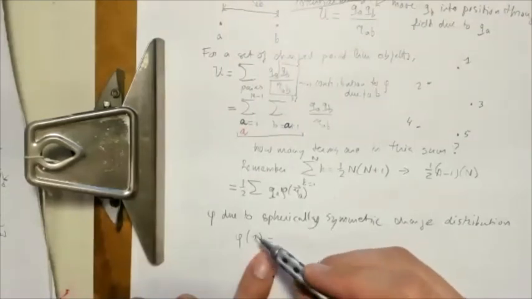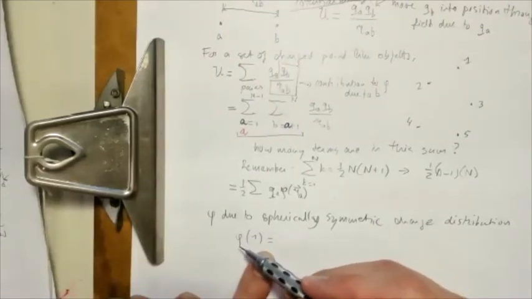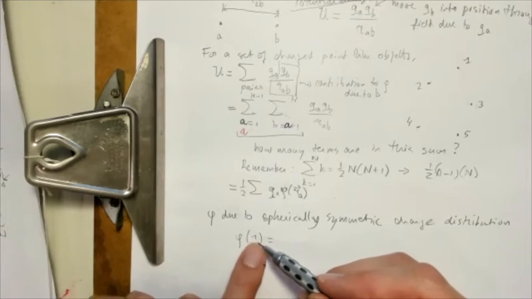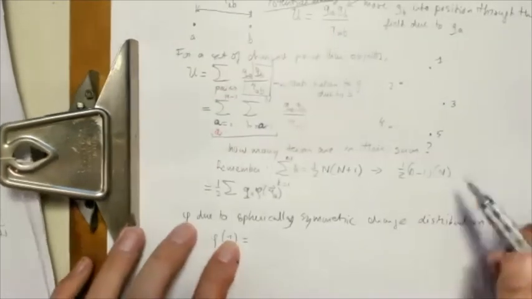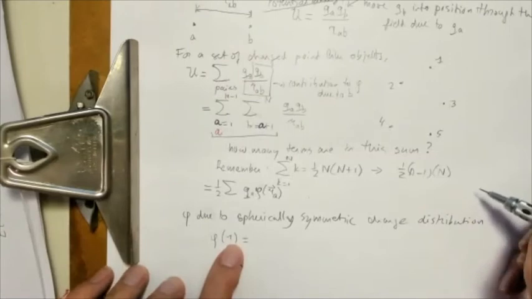There is the potential at that position where we are considering contributions to the potential due to charged objects that are closer to it.